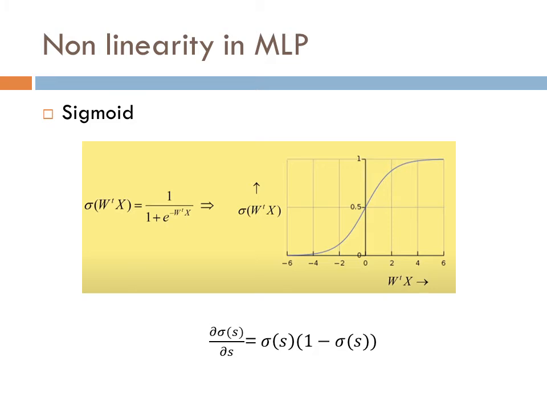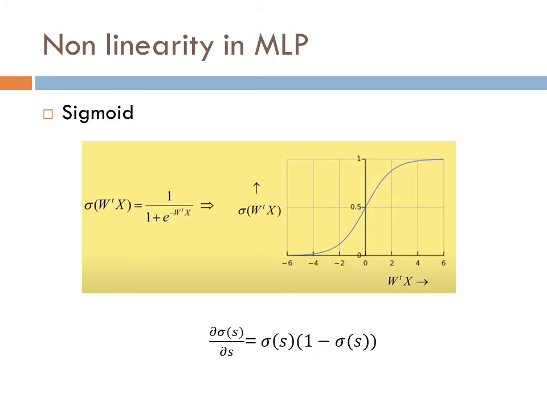Another very important observation is that if you take a differentiation of this sigmoidal function, which is denoted below, dou of sigma s divided by dou of s, we can get it in the form of sigma s multiplied by 1 minus sigma s.